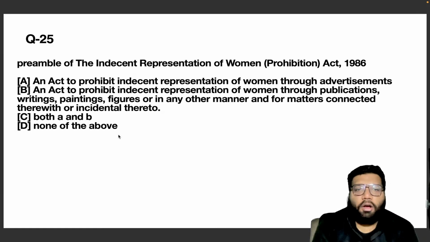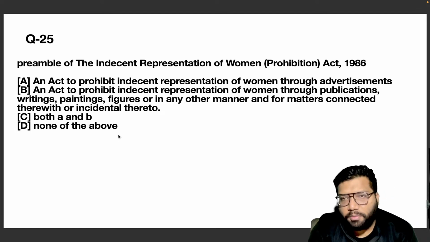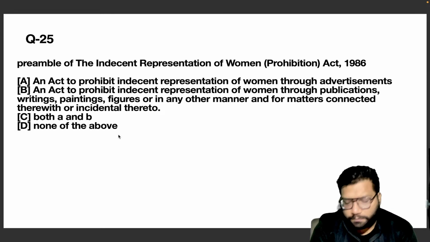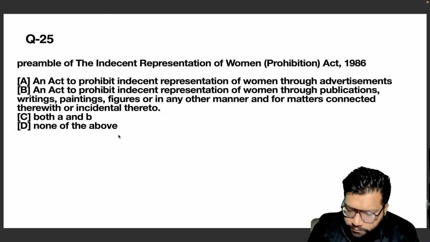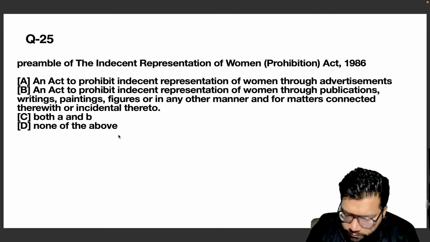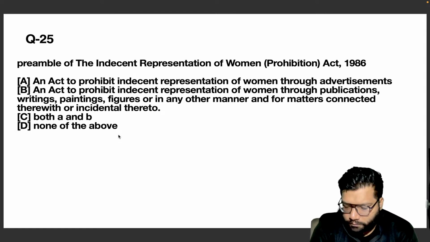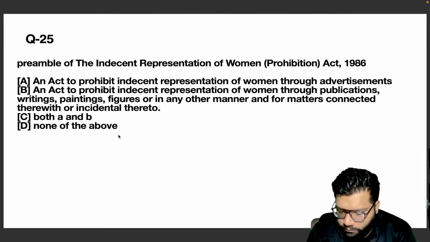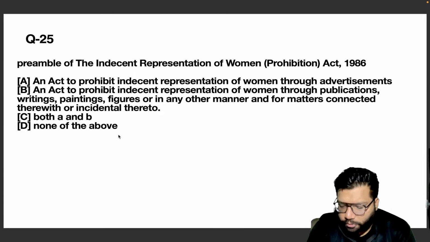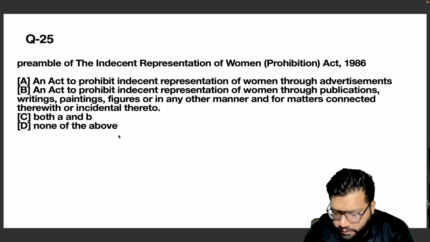What is the preamble of the Indecent Representation of Women Prohibition Act 1986? Vandana, Aprajita, and Pratyush, top three students to answer correctly.